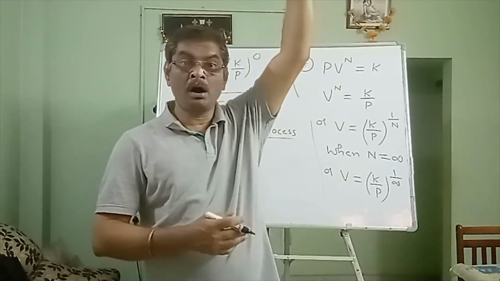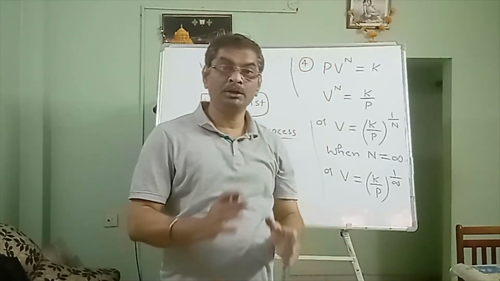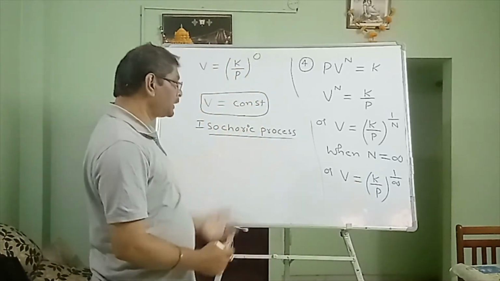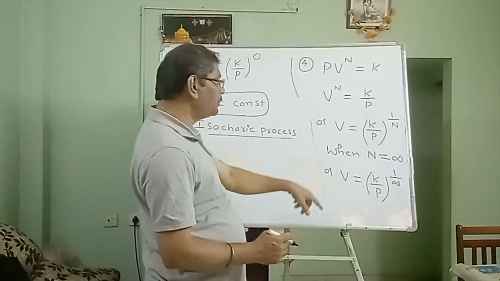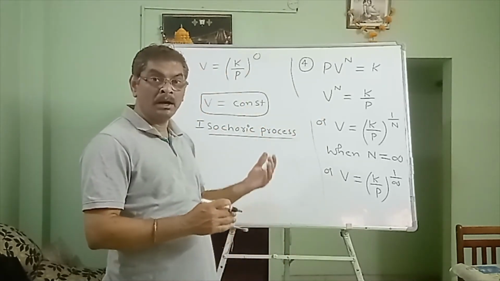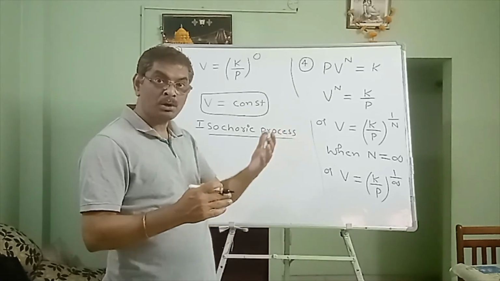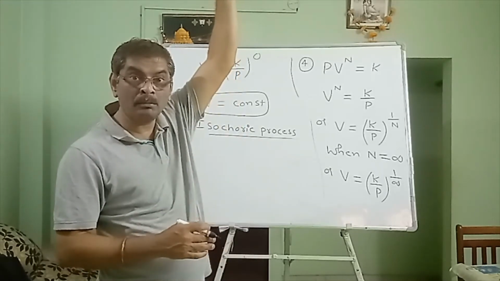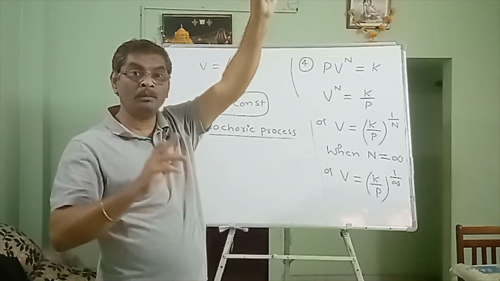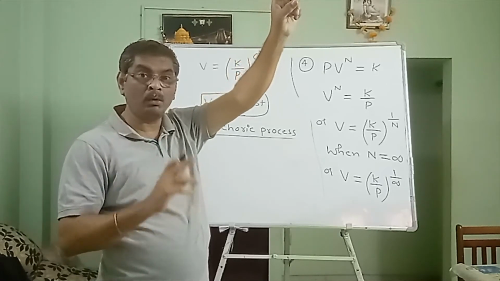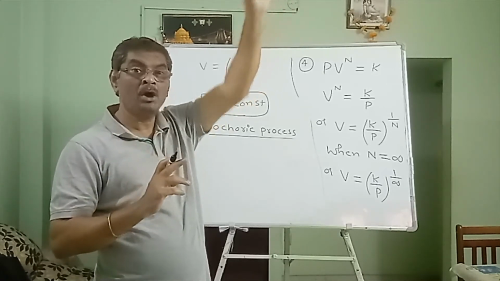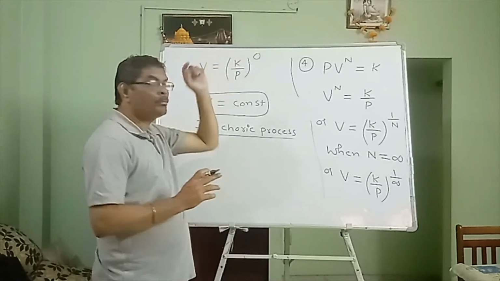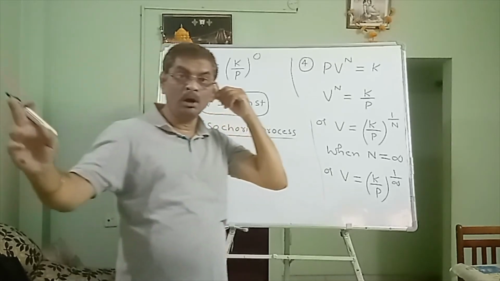So remember, when I put the value of N equal to infinity, I get K by P, whole power 1 by infinity. 1 by infinity will be 0, so volume will be K by P to the power 0, and anything to the power 0 is equal to 1.